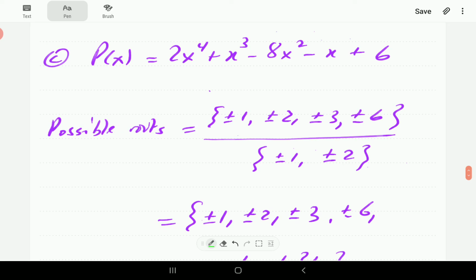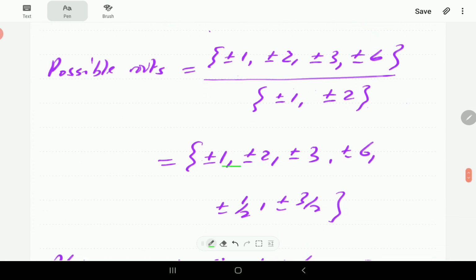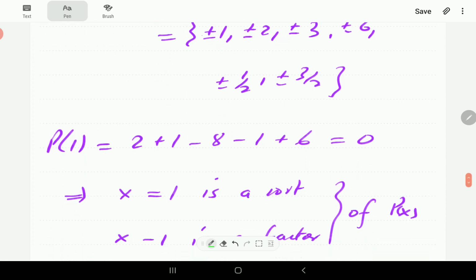All right, so for this one, the constant is 6, and the coefficient of the leading order term is 2. So the factors of 6 give us the numerator for possible roots, and the factors of 2 give us the denominator. If we do all the possible divisions, we get these 12 numbers. Then we try them out one by one.